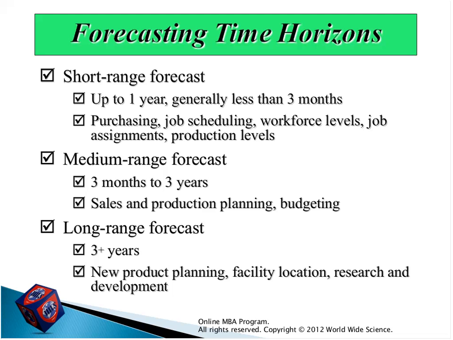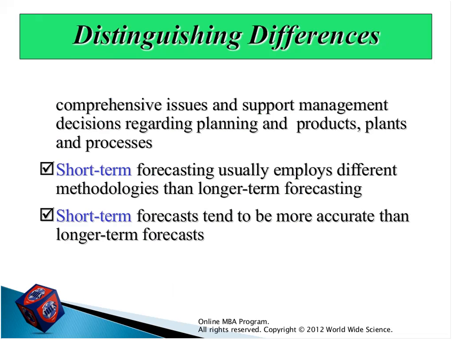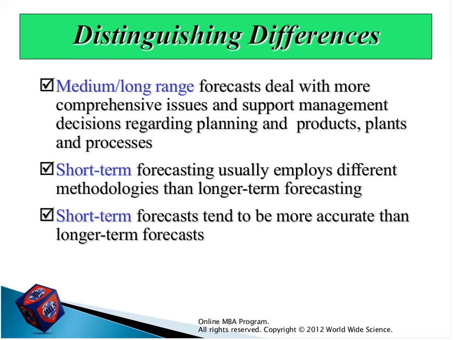So you have to forecast the long range for future. Okay? Medium and long range forecasts deal with more comprehensive issues and support management decisions regarding planning and product plans and processes.